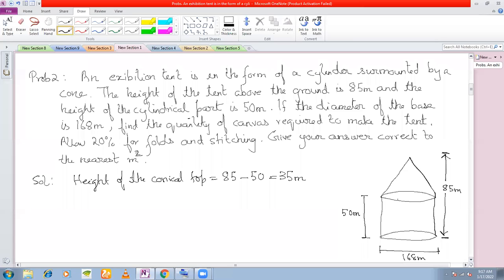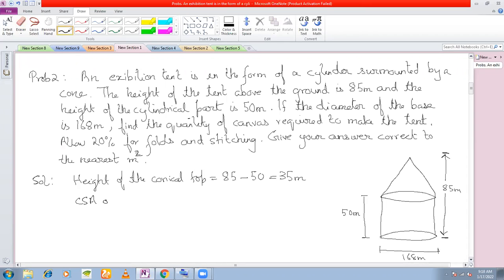So if we can find out the curved surface area of the cylindrical part and the curved surface area of the conical part, and add them up, our job is done. We will be able to find out the area of the canvas that is required, right? So let's find out first the curved surface area of the cylindrical part.